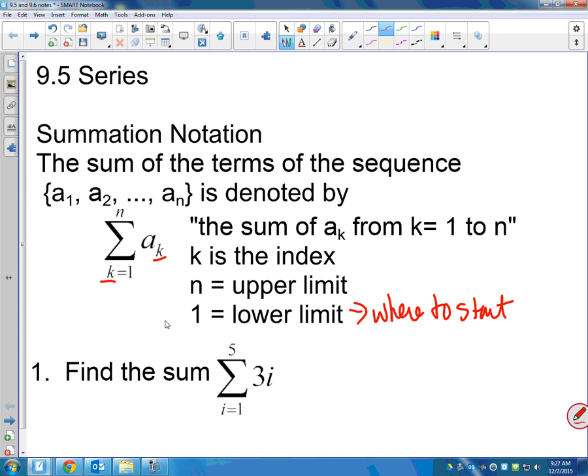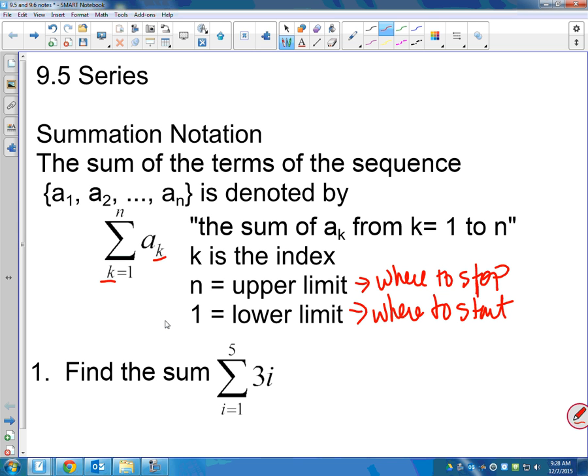And the number on top tells you when to stop. So the upper limit is where you stop. And then this part, a sub k, is what you're trying to add up. It's going to be some formula, and I'm going to show you in this example. It's probably going to be the easiest way to do that.